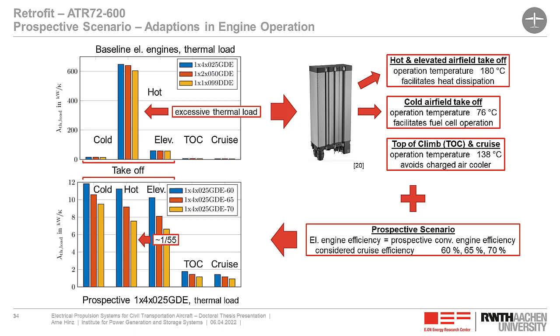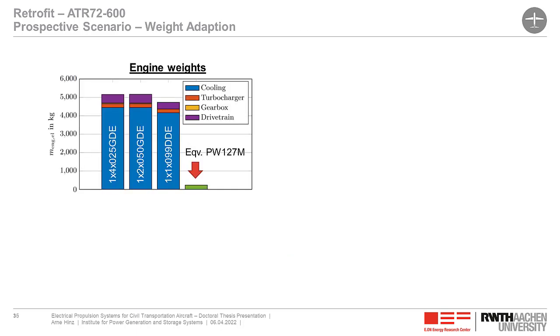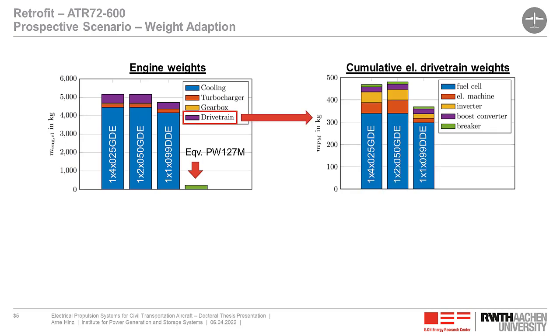Further, we can reduce the peak of the thermal load during hot weather takeoff by a factor of 55. But we need further considerations for weight adaptations. Let's have a look at the drivetrain of the direct drive engine, which is the bar on the most right-hand side.